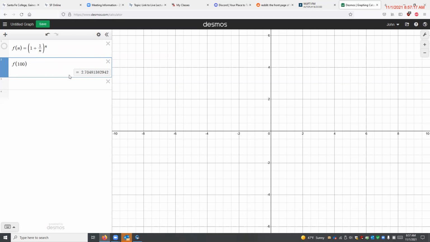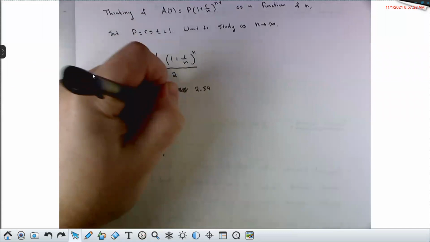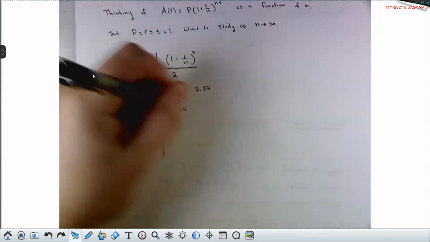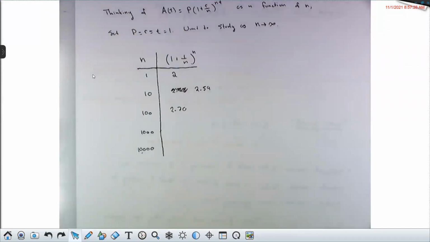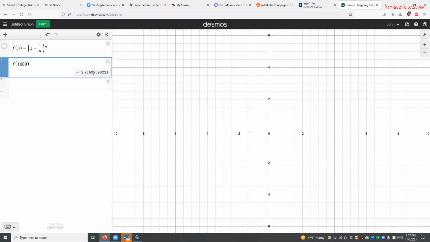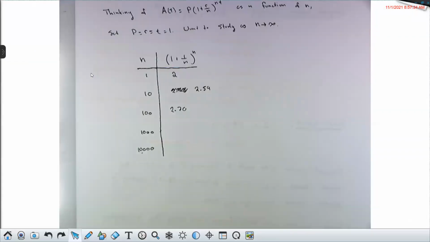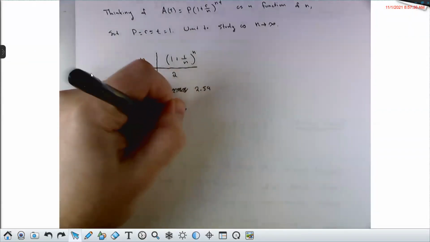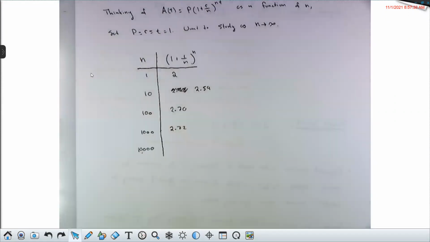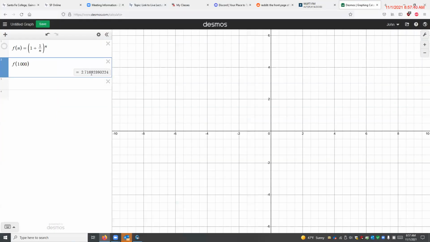If I plug in 100, I get 2.704. We'll call it 2.70. If I plug in 1000, I get 2.7169. So I'll call it 2.72. If I plug in 10,000, I get 2.718145, and so on.